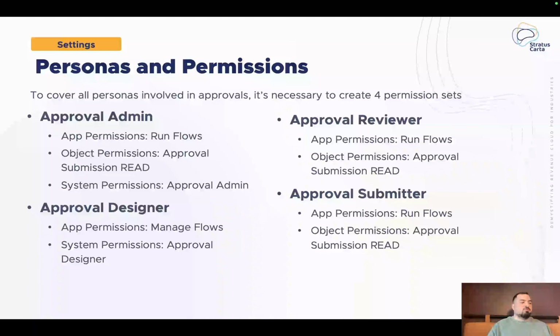You have your approval admin, who oversees and governs all of the approvals that are happening. You have your designer who's responsible for building your approvals, the reviewer who's reviewing all the approval submissions that are happening, and the submitter are the personas who are submitting for approval. So once you've cleanly defined those personas, the system becomes more predictable overall.